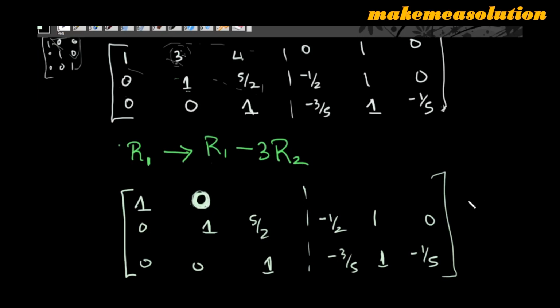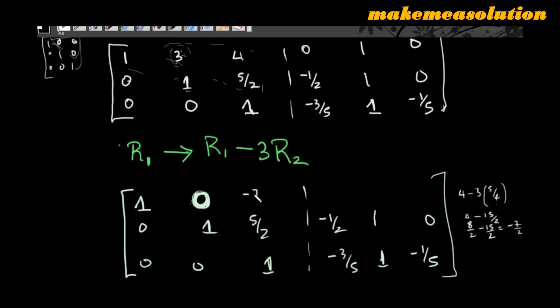So 4, you need to write this one down. 4 minus 3 into 5 over 2. So you can see that to do this particular one, you have 4 minus 15 over 2, which is the same thing as 8 over 2 minus 15 over 2, which is going to be -7 over 2.